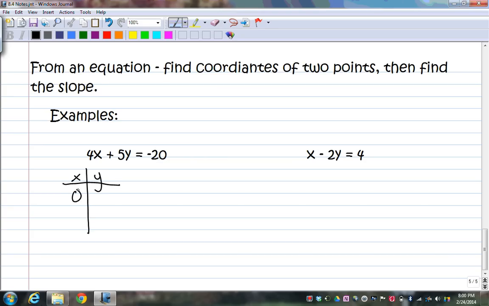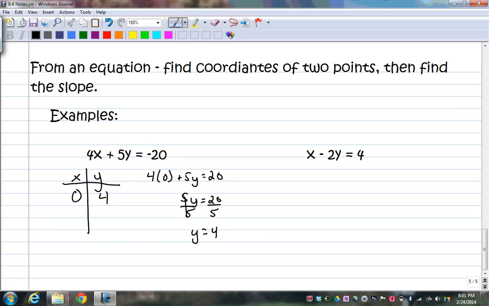If I put 0 in there for x, I have 4 times 0 plus 5y equals 20. 5y, because that first term, 4 times 0, just goes away, equals 20. Divide by 5, and y is equal to 4.